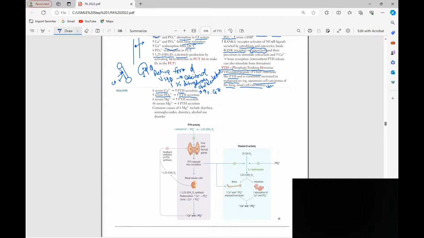So first, how parathormone gets activated or how it is released. We have four parathyroid glands, the superior parathyroid glands and the inferior parathyroid glands. Though it is not given here, questions have been asked about the development of the parathyroid gland. Yes, directly.